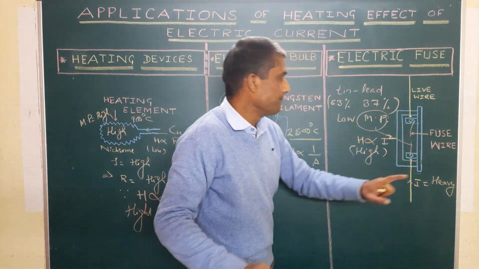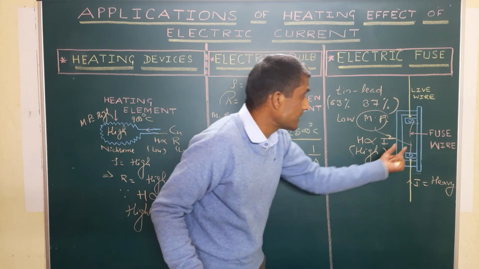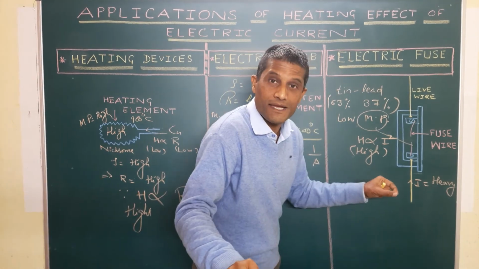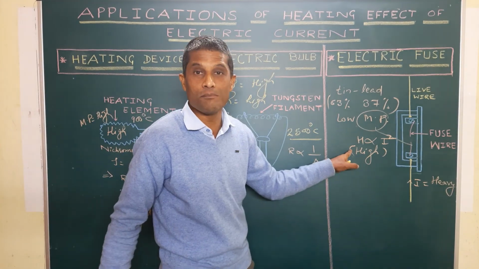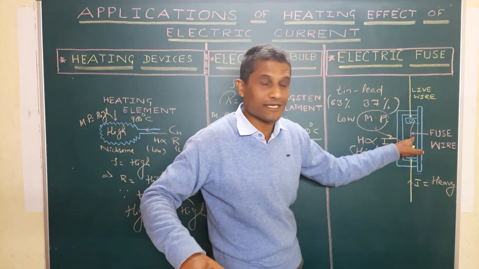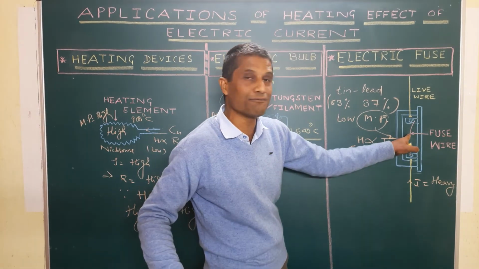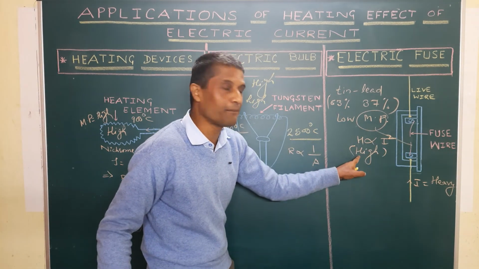Why is it going to melt? Because the heat so produced is enough to melt it away. And where has that heat come from? That heat has come from the heating effect of electric current in this very wire, because the higher the amount of electric current flowing through this fuse wire, the higher the amount of heat production.